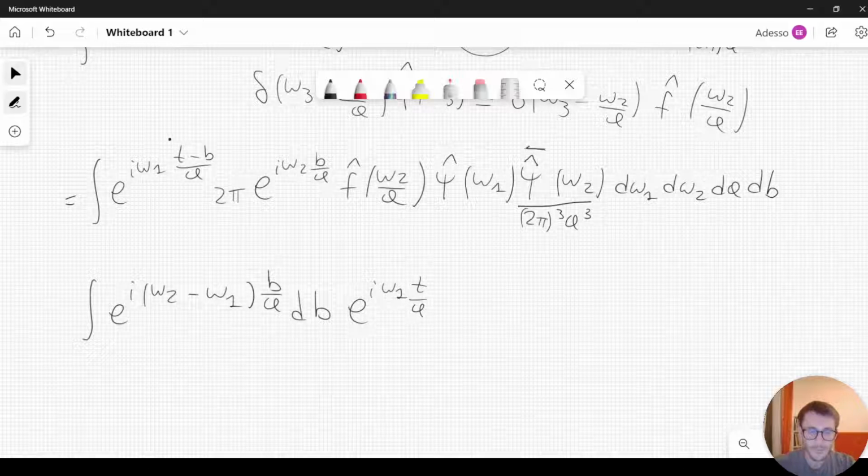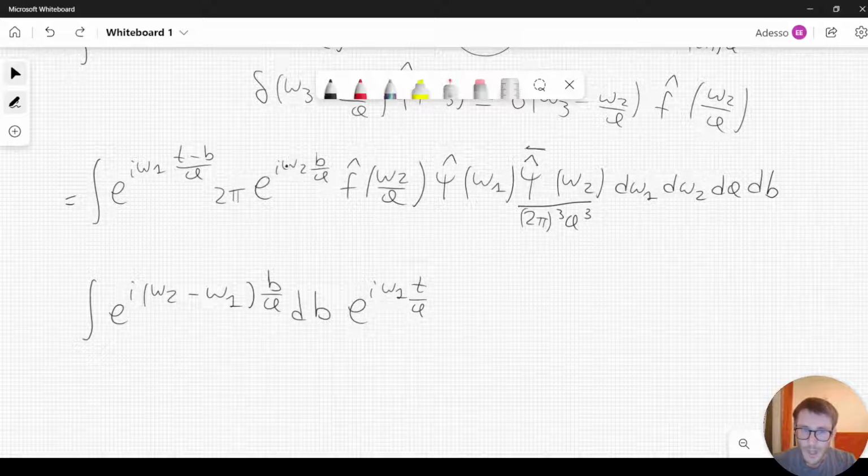So basically, I can rewrite this complex exponential as a product of this exponential here and e to the minus I omega 1 b over a, which is here. It has been factored here. It has been written inside this single complex exponential, which takes into account also this complex exponential here.